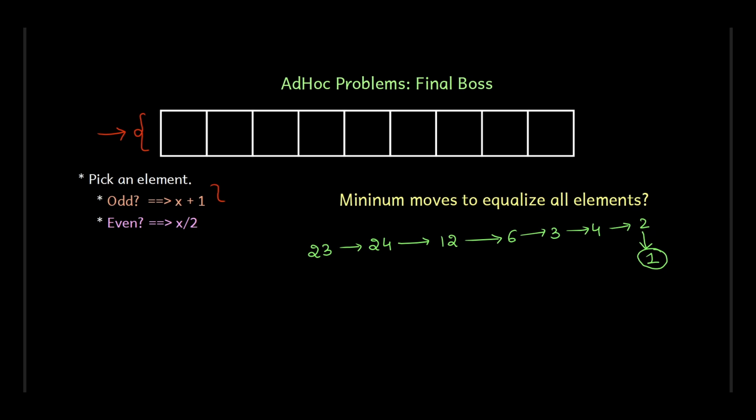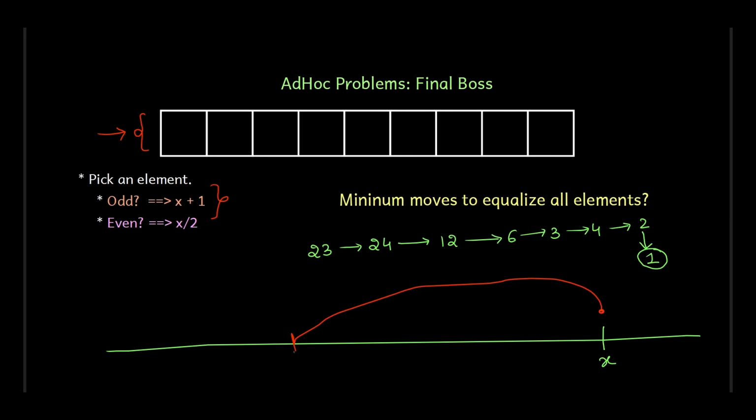Why is this true? Why will it not get stuck in a loop, and why will it actually reach 1? Let's consider this on a number line. If this is the number line and you are standing at this number over here, you can notice that if it is even, then this number will now land at x by 2.